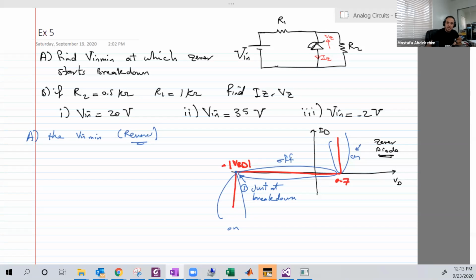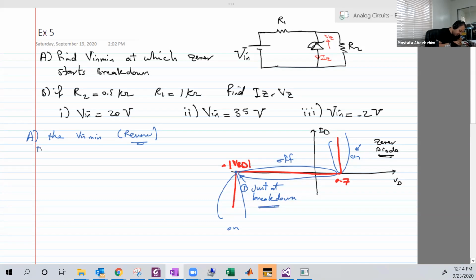Good. Same as what we did with the previous example. We want the point at which the Zener will be just at breakdown, which is 0.1.